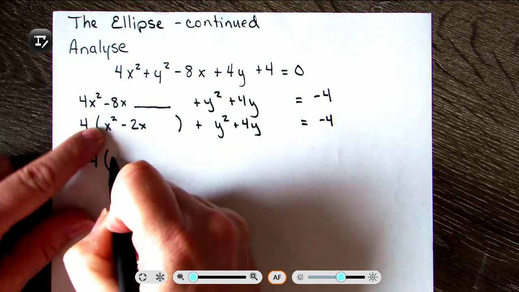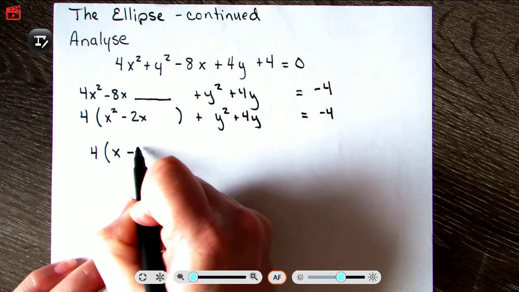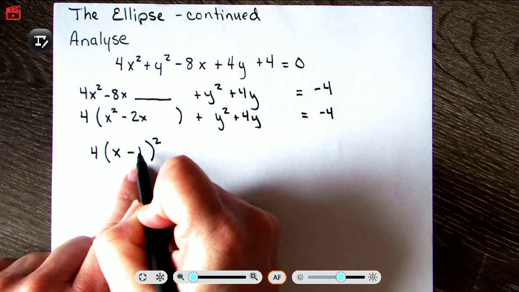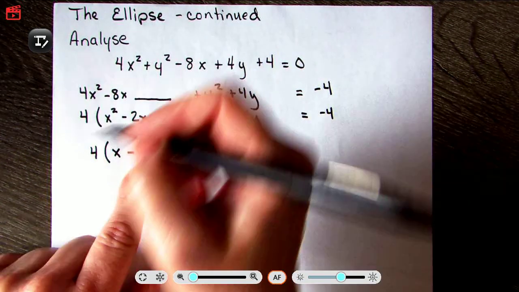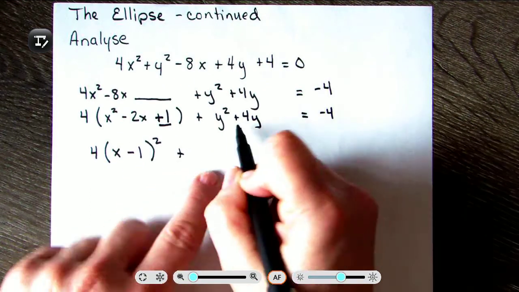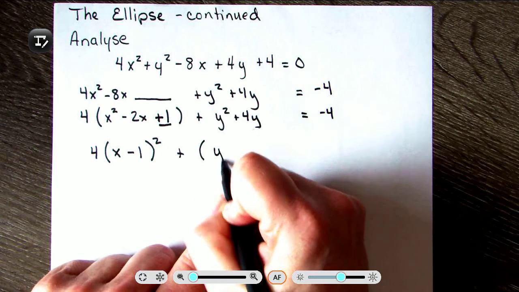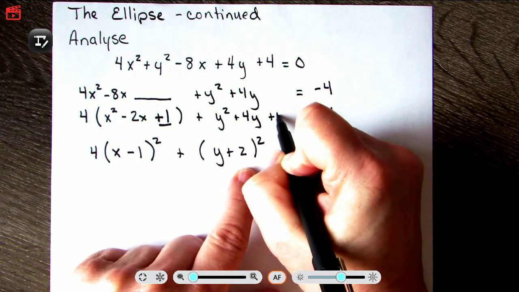So I'm going to take my x. The method is to take half of this, so minus 1, and then we square it to put it in here. So half and then squared. Do the same thing for the y. We're going to take half and then square.